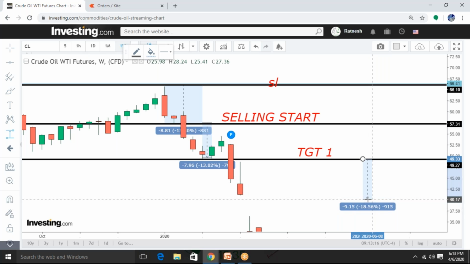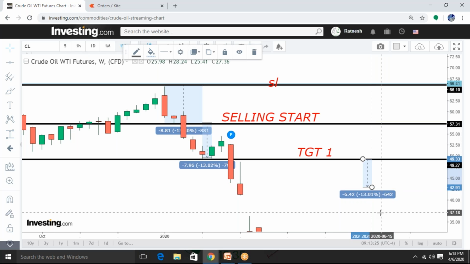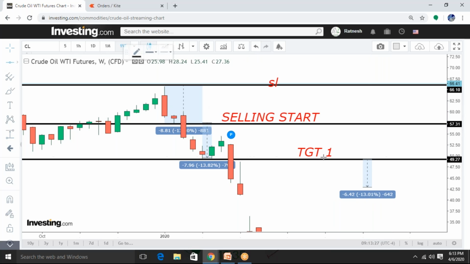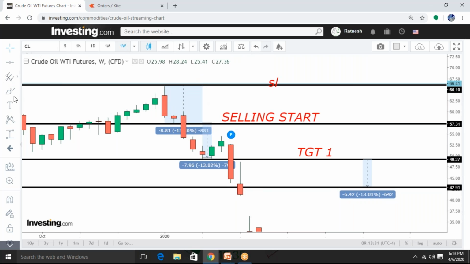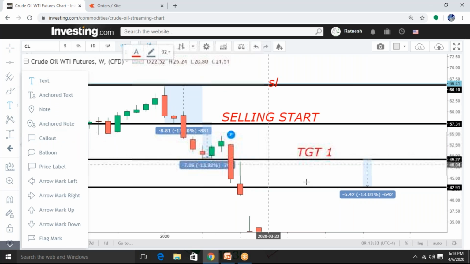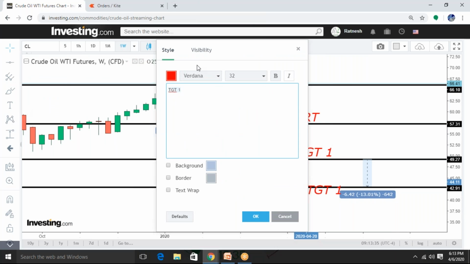From here you have to go at least 13% lower, almost here. So this will be the target. Similarly, you can make targets like that.